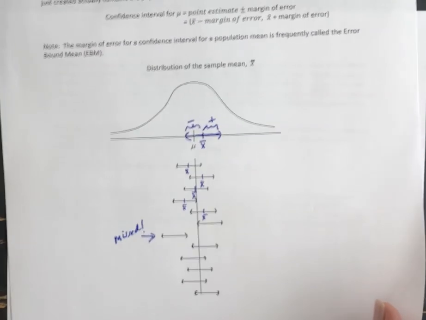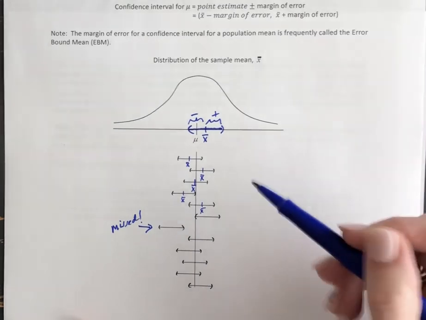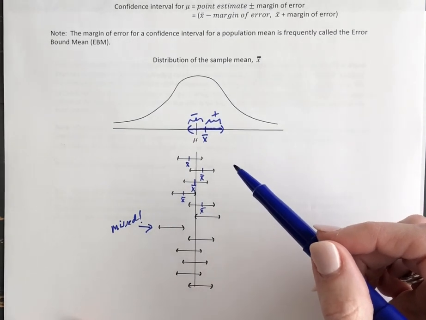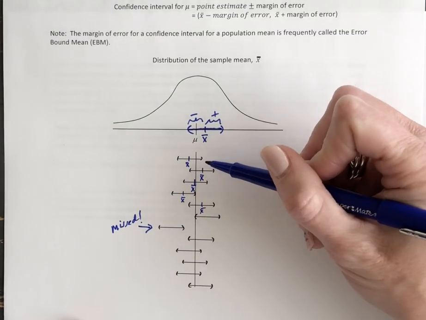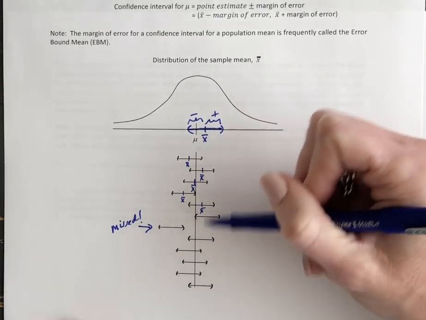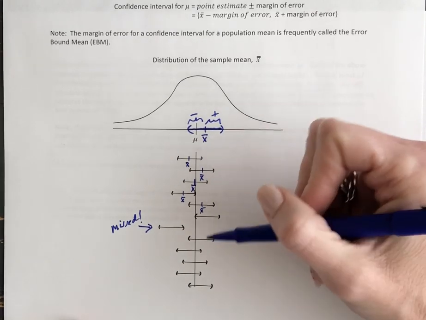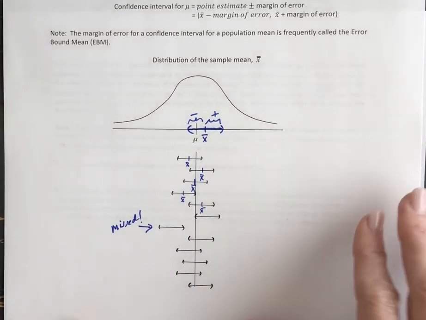So if we go back to this page, what we're saying is if we did a 95% confidence level, if we created 100 of these possible sample means and their intervals, 95 of those would capture the true population mean and 5 of them would miss.